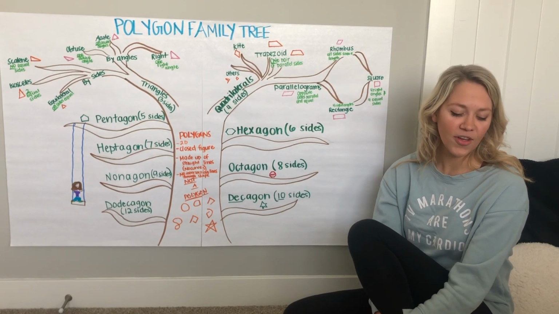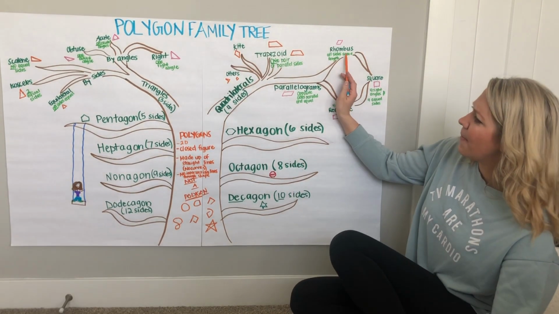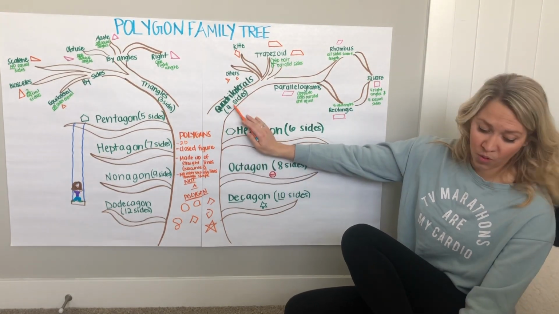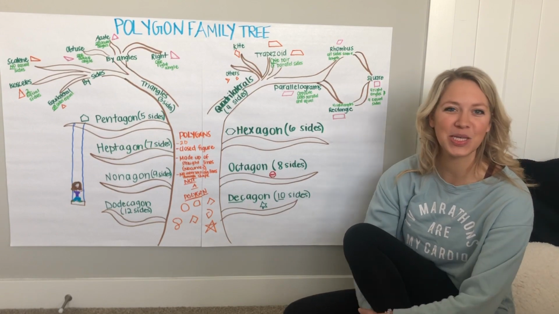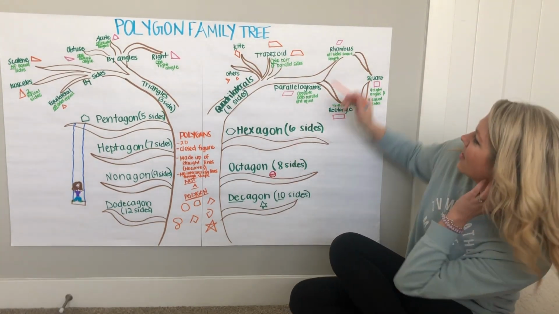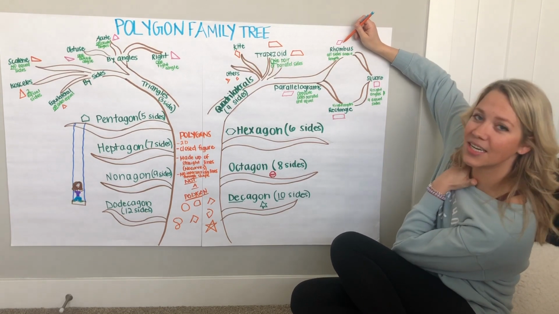He looked at all those congruent sides and said with heaps of glee, I'm a polygon, a quad, and a parallelogram, and yes, a rhombus too.